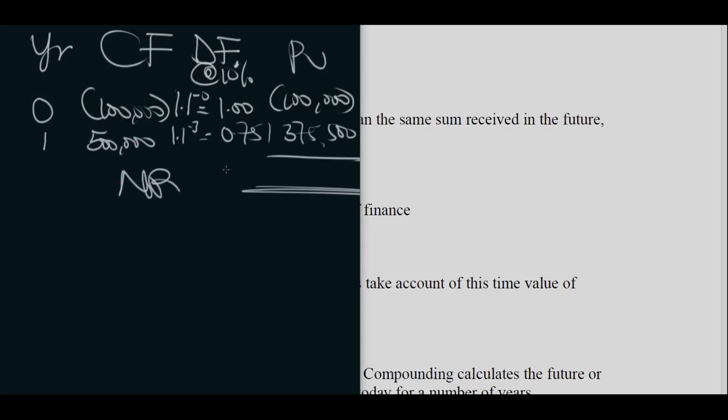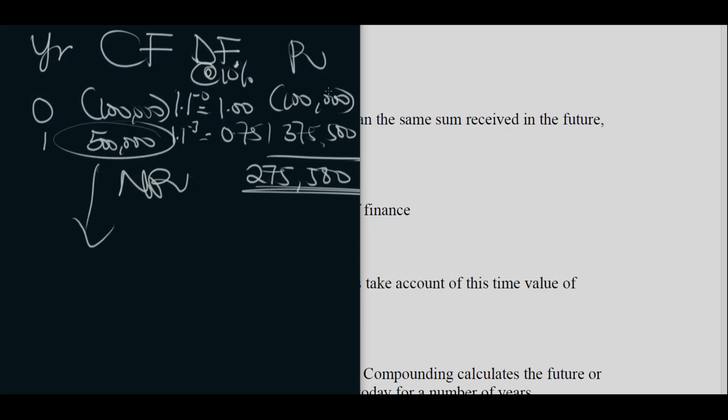So the NPV is by how much our project is better than the bank. This project is better than the bank by 275,500. Okay, so that is what NPV means, and I hope now it makes sense. Because if we are saying this 500,000, how much should be invested today to get this same 500?